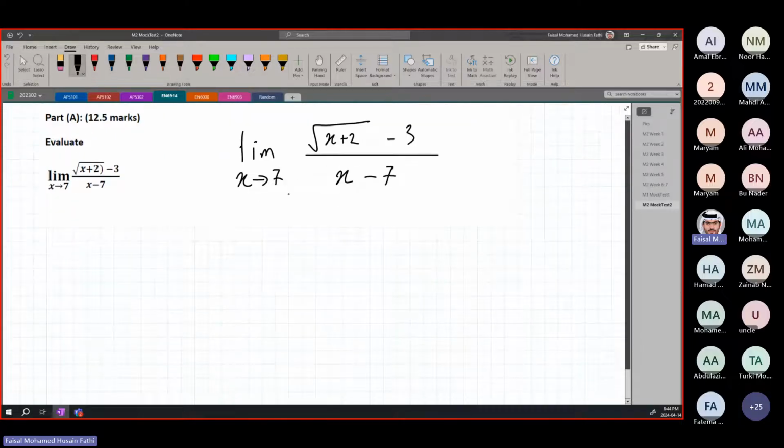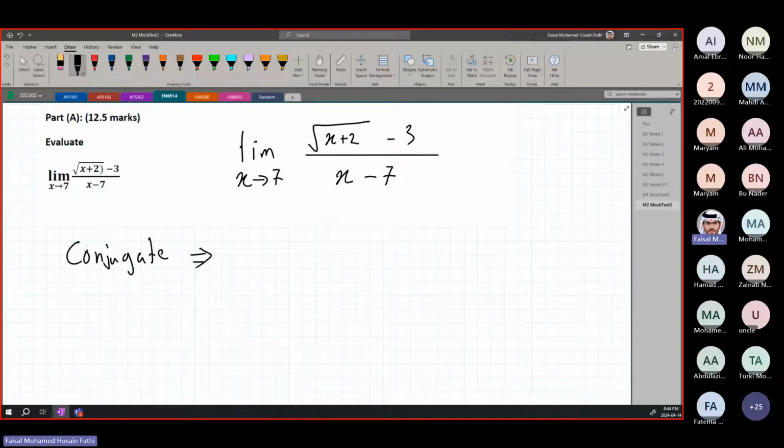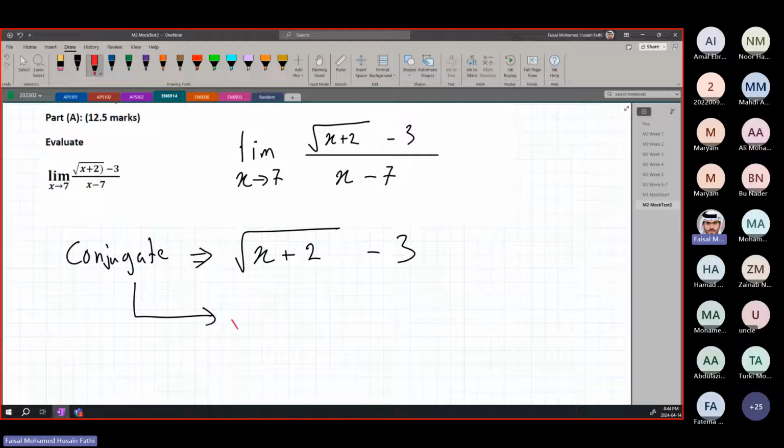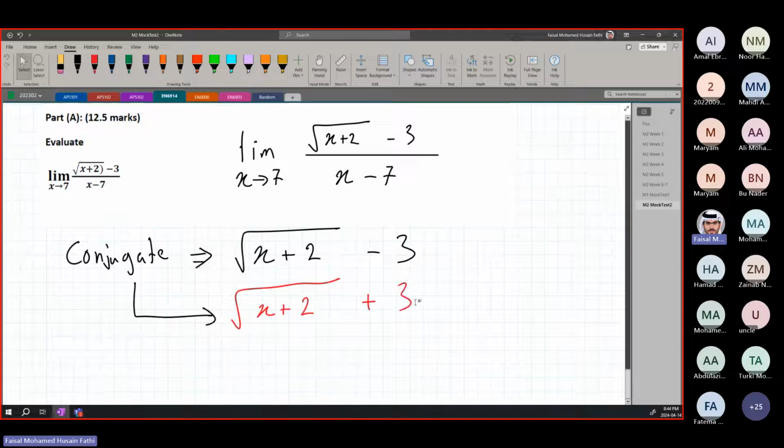So what is the conjugate? The conjugate of square root of x plus 2 minus 3 will be square root of x plus 2 plus 3. The negative becomes positive 3. That's it. This is what the conjugate is.